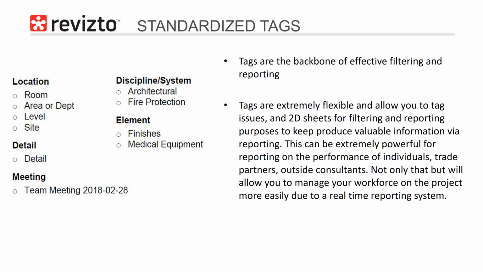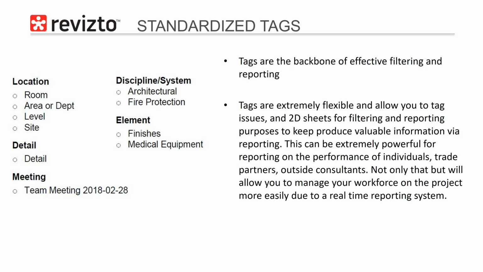However, each individual issue would also be tagged with the corresponding company. When you go back to the reporting system, or back to filtering issues on a day-to-day basis, you're going to be able to create reports not only based on the overall MEP health of your project, but also on how each contractor is doing individually. Are they hitting their milestones? Are they facing issues? And are they keeping up with the issues that we're feeding them through the system?